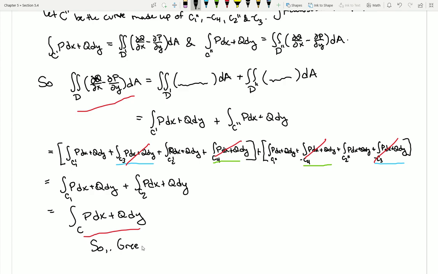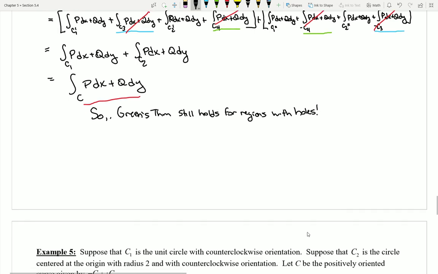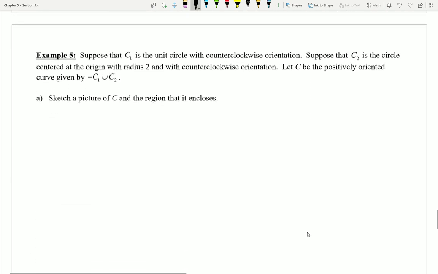So, Green's theorem still holds for regions with holes. This is really, really awesome. And we'll see how we can actually begin to use this on example 5 in the next video.